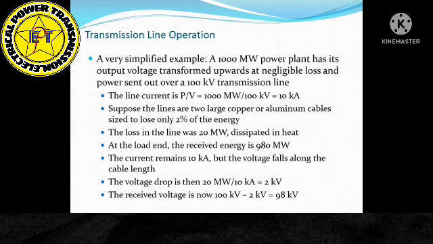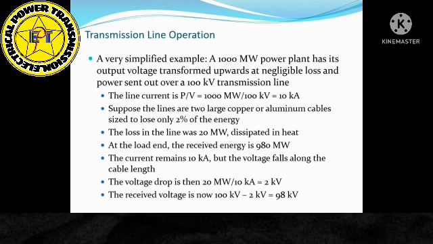So at the load point, you are receiving only 980 megawatt. This is again the efficiency aspect of your transmission line. You must try to bring this 1000 megawatt as it is to the load point, but because of the 2% losses in the conductors, you have reduced capacity.